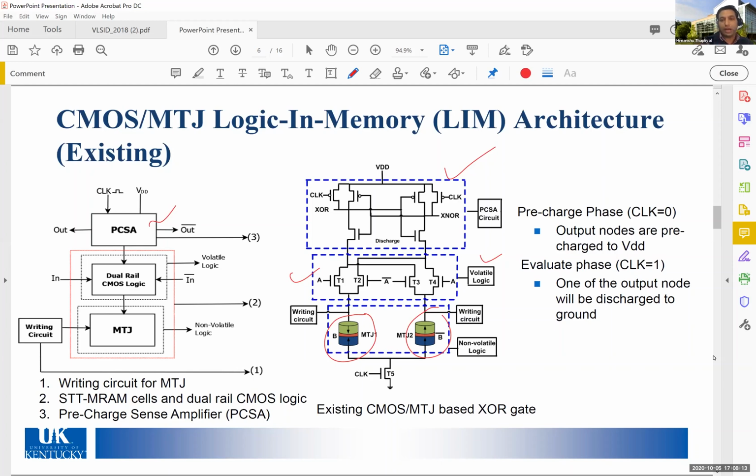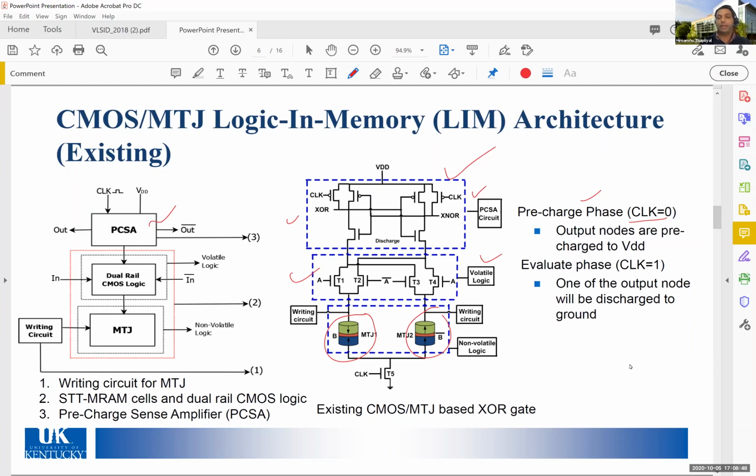This is how the conventional circuit works: when the clock is 0, that is the pre-charge phase, so your output nodes are charged to VDD. Then during the evaluate phase, when the clock is 1, the outputs get discharged based on the resistance path provided by MTJ1 and MTJ2, and also based on the input conditions.